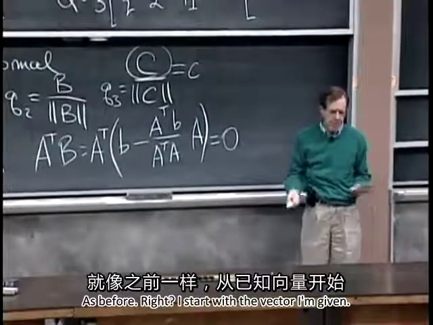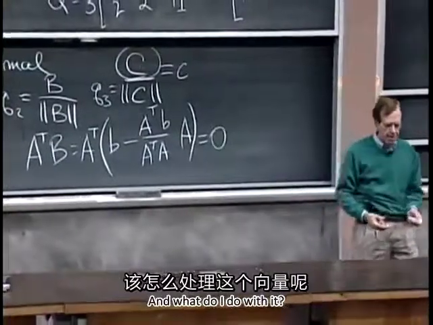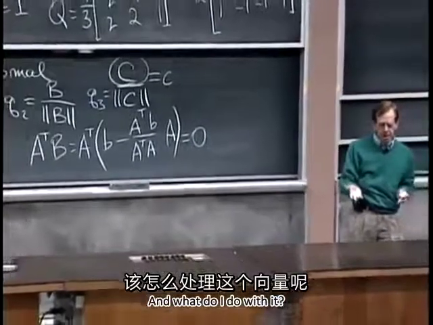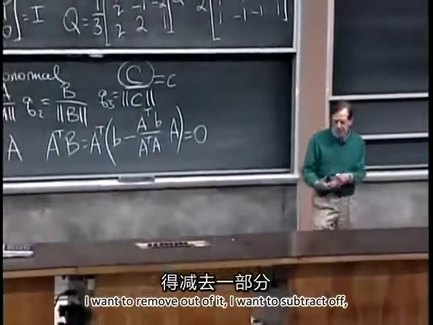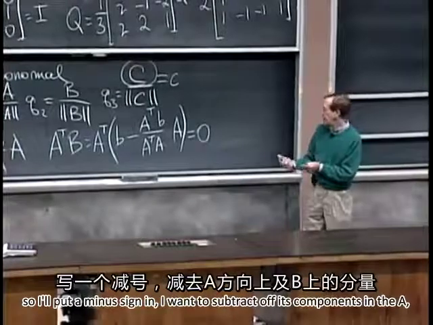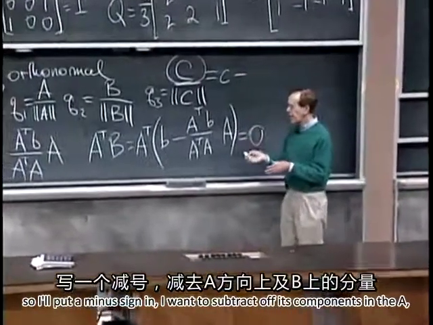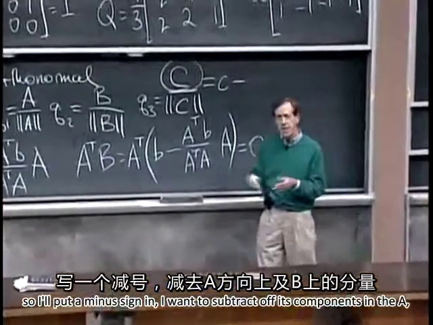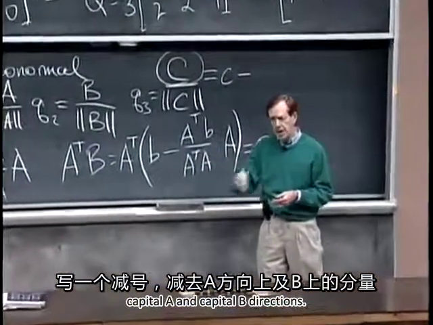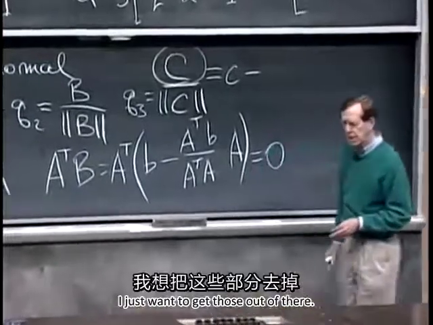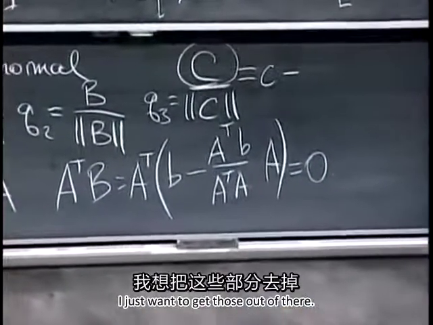Right? I start with the vector I'm given. And what do I do with it? I want to remove out of it. I want to subtract off. So I'll put a minus sign in. I want to subtract off its components in the capital A and capital B directions. I just want to get those out of there.